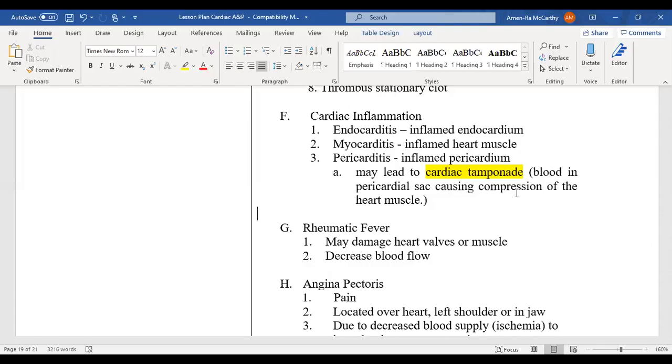So as blood is getting in between the epicardium and the pericardium, it starts pushing on the heart. And you got to get that blood off of there. That's cardiac tamponade, when blood starts to get inside of the pericardium.